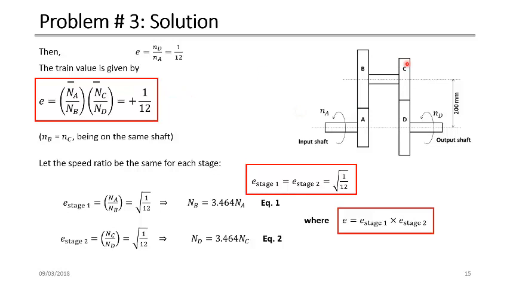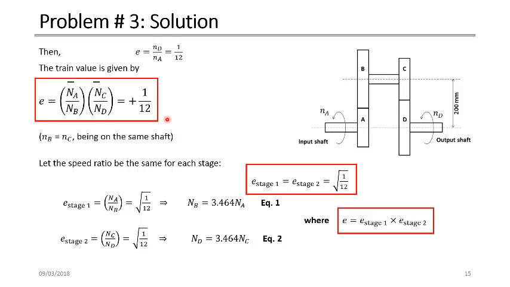Then NC is the driver and ND is the driven, so we have NC divided by ND, and because it's external engagement, we have a negative sign here. Negative multiplied by negative gives positive, and we know that E, the train value, is 1 divided by 12. Keep in mind that the speed of gear B and the speed of gear A are the same because they are on the same shaft.